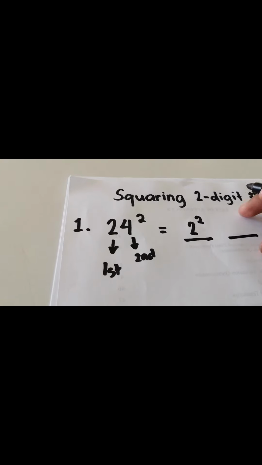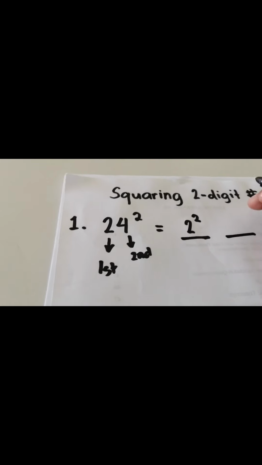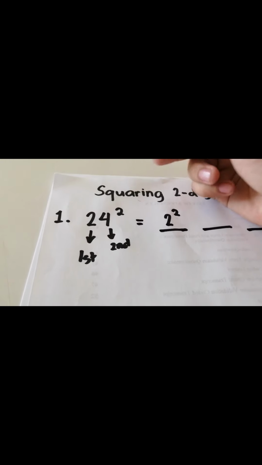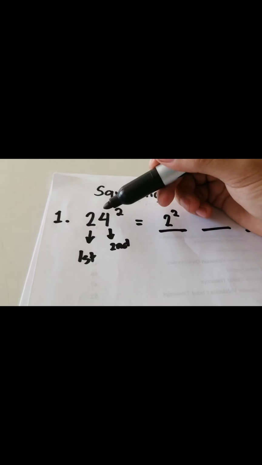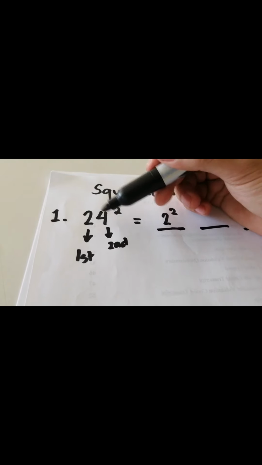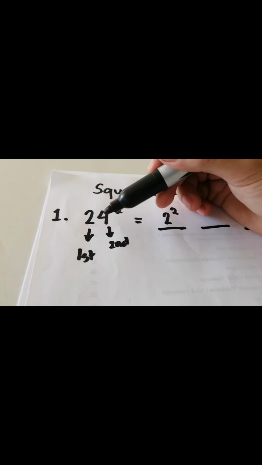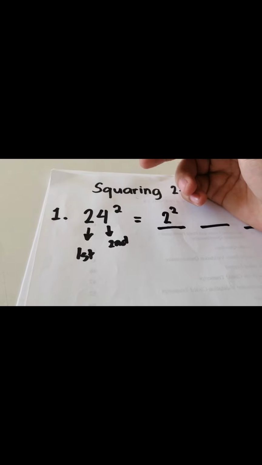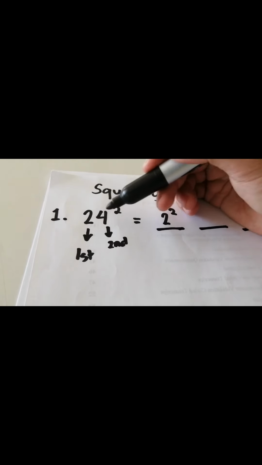For the second space, that is the product of the 2 numbers multiplied by 2. Again, the product of 2 times 4, multiplied by 2. That is constant. We multiply the answer by 2.